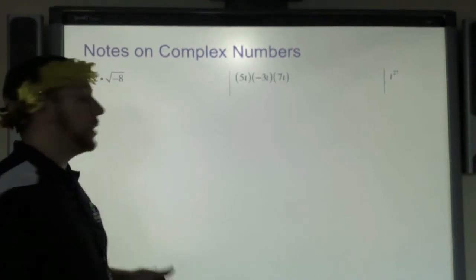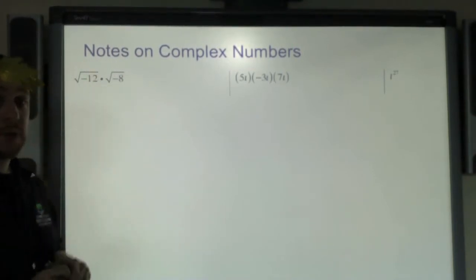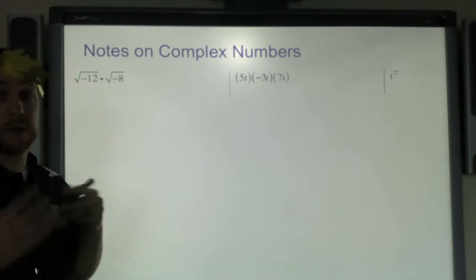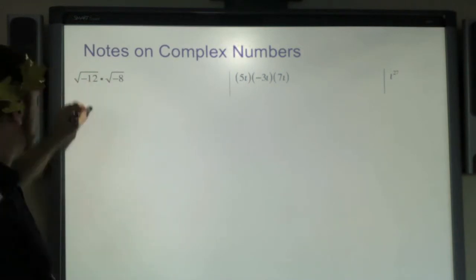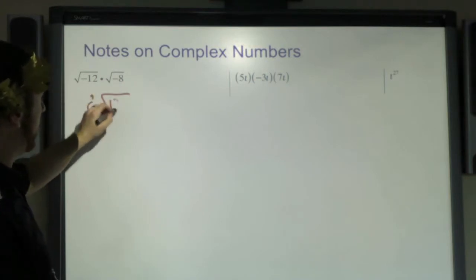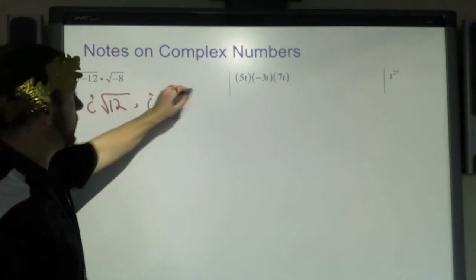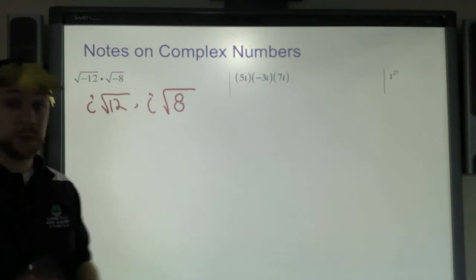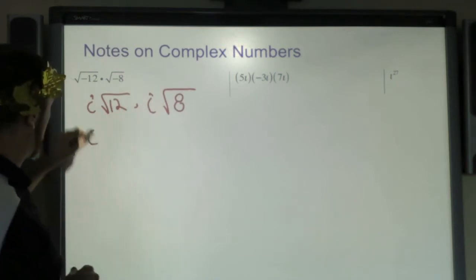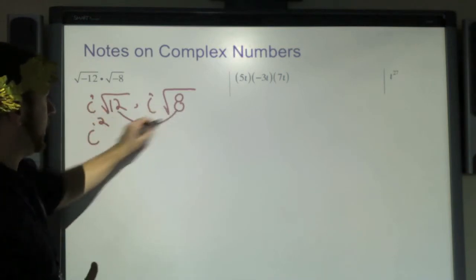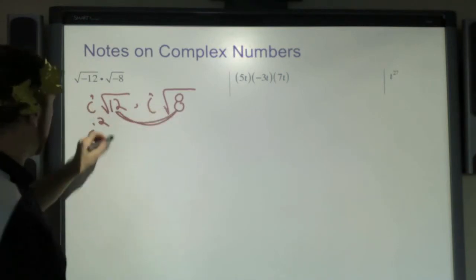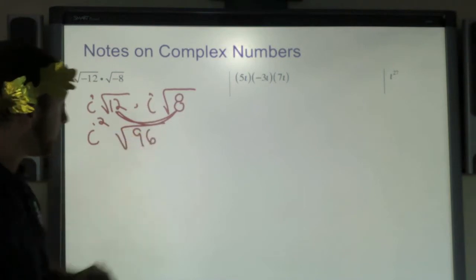I can also do some operations with these. So here I have two square roots that I can multiply together. What I do is I take out these negatives first. So it's i square root of 12 times i square root of 8. This way I can multiply my i's and get i squared. And I can also multiply inside the square roots to get the square root of 96.